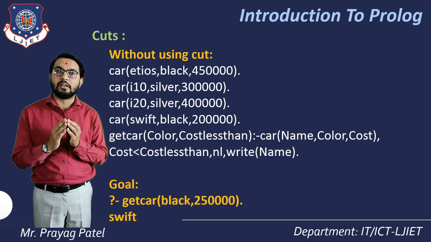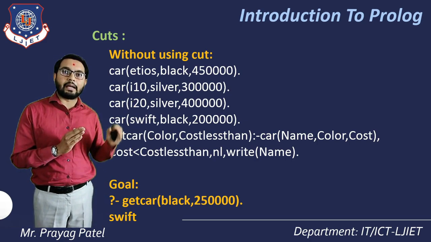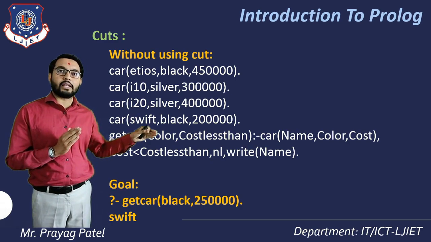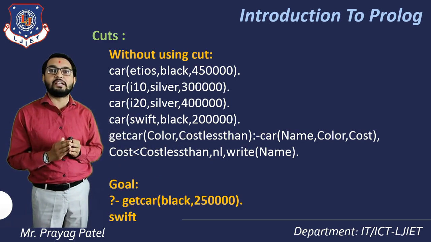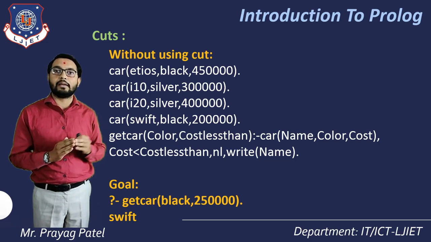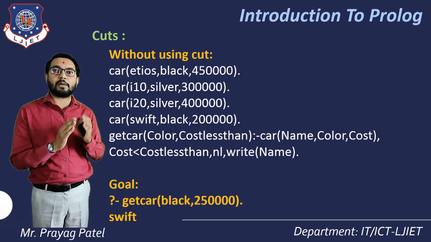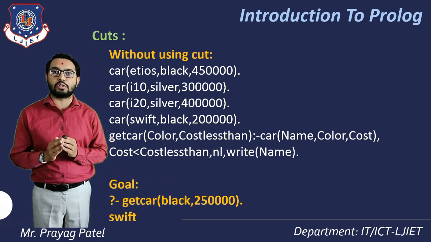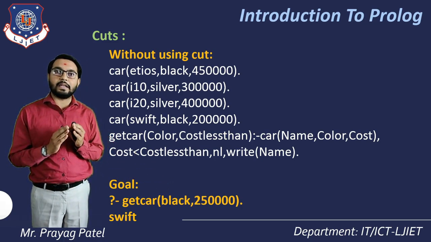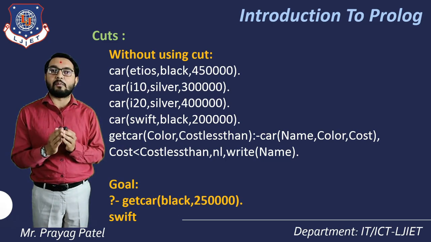Now the next one is car Swift black 2 lakh. For that we select this, then check the condition cost less than. So cost equals 2 lakh, cost less than equal to 2,50,000, because here we write the cost less than value 2,50,000. So this condition is satisfied, yes. Then write the name of the car.